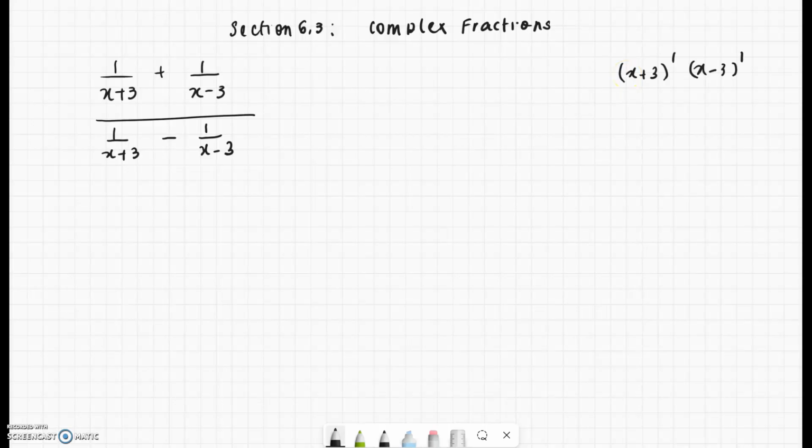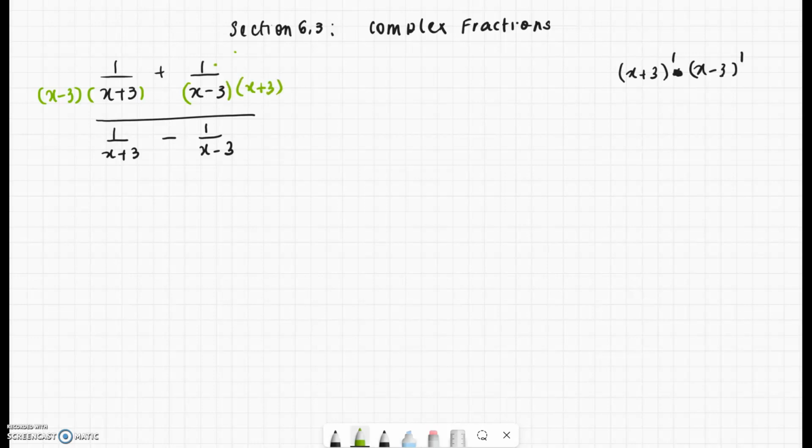Pick the largest x plus 3 times pick the largest x minus 3. So x plus 3 times x minus 3 is the LCD.